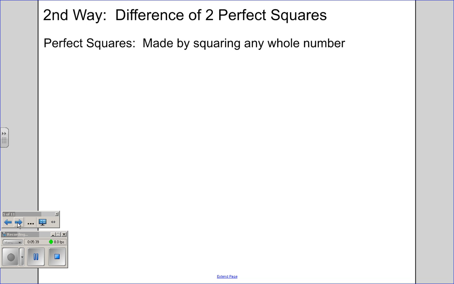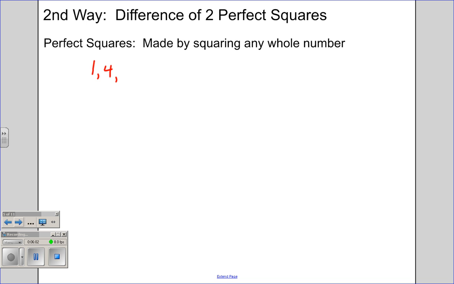Now, perfect squares are made by squaring any whole number. So if you start with our first whole number, which is 1, 1 squared, or 1 times 1, is 1. Then go to 2, 2 squared. So 2 times 2 is 4.